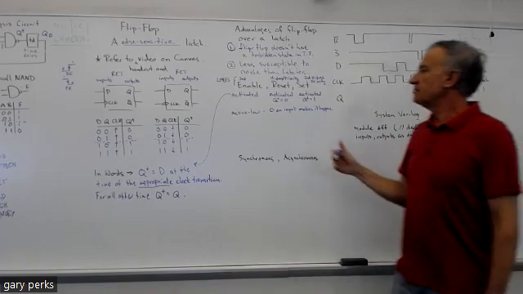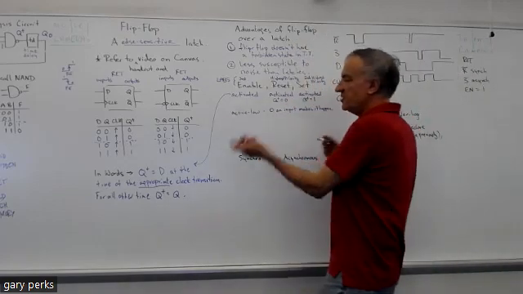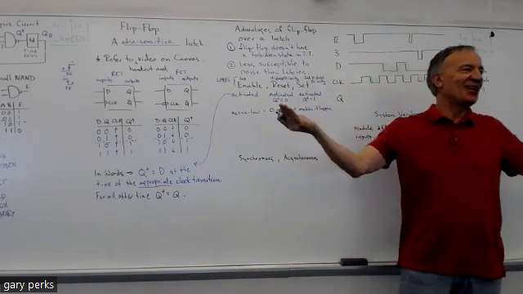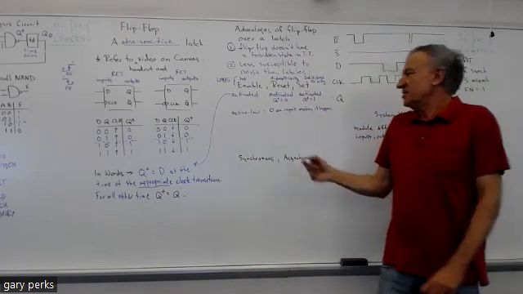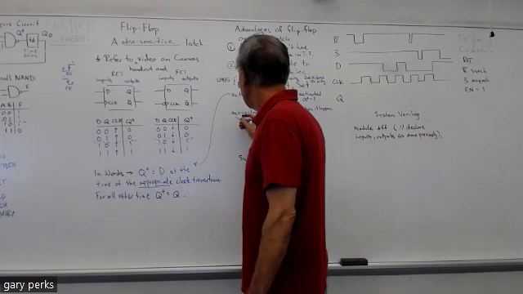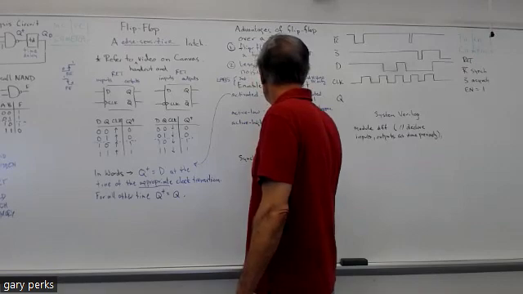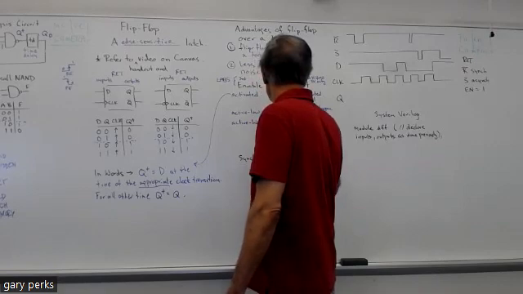Okay. So what do you think active high means? If this is what active low means, active high means what? I need the 1. Yeah, it just needs the 1. Right, so active high, a 1 on the input makes it happen.